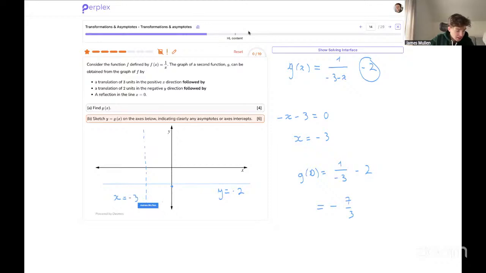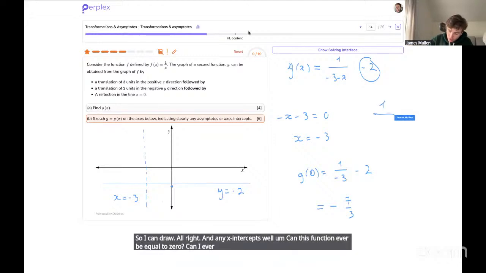All right. And any x-intercepts, well, can this function ever be equal to 0? Can I ever have 1 over negative 3 minus x is equal to 2? Well, how is that going to happen?